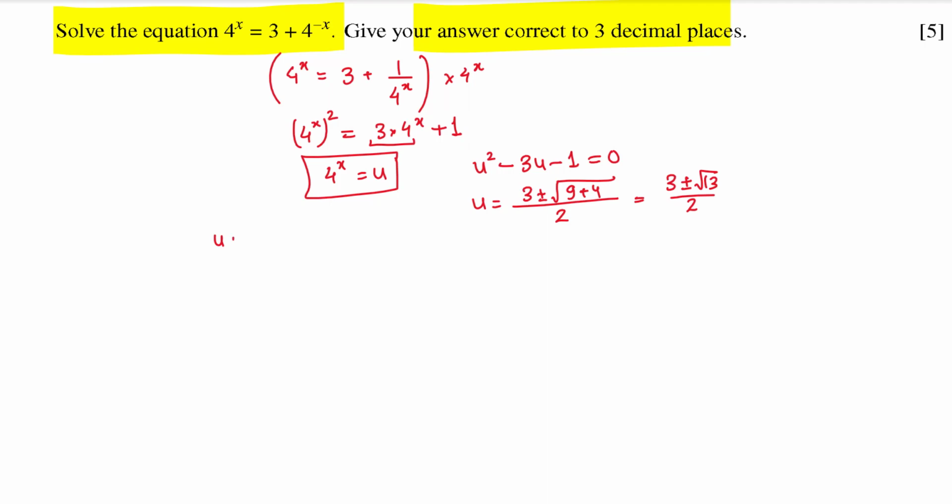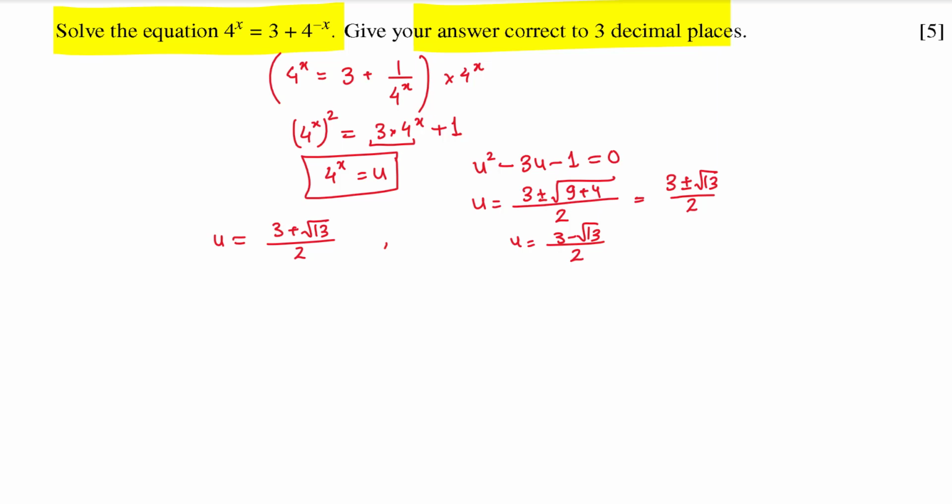So two values of u again: u is 3 plus root 13 over 2, and u equals 3 minus root 13 over 2. 3 minus root 13 is a negative number, I believe. Let's see, from calculator it is negative 0.605.